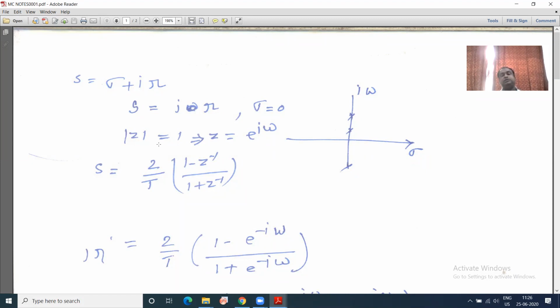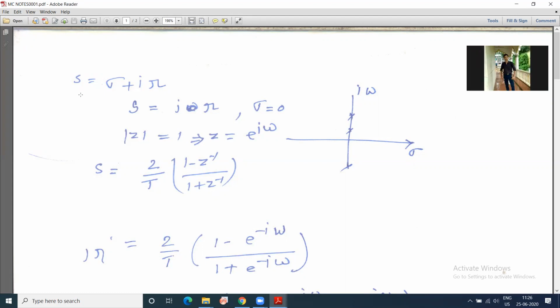It means that z equal to e power j omega, right? Because magnitude equal to 1, angle equal to omega. And basically the magnitude of z denotes the radius of the circle in the z plane. Agreed? Yes. Very good.